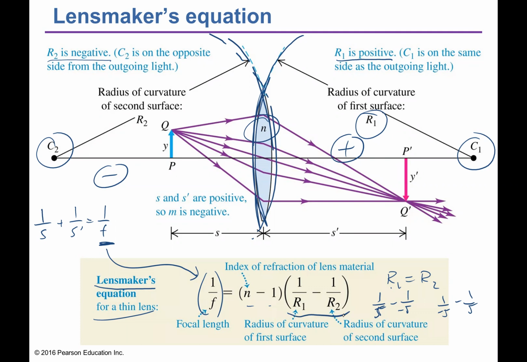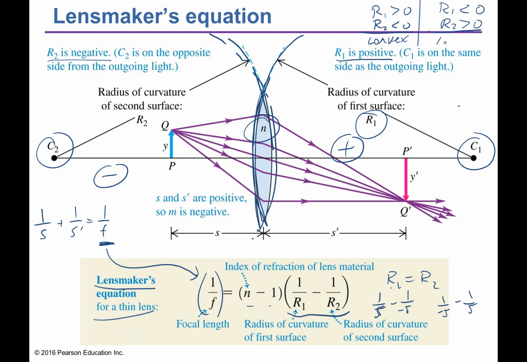For a converging convex lens, R1 is positive and R2 is negative. If you have a concave lens, R1 is negative and R2 is positive, exactly the opposite.